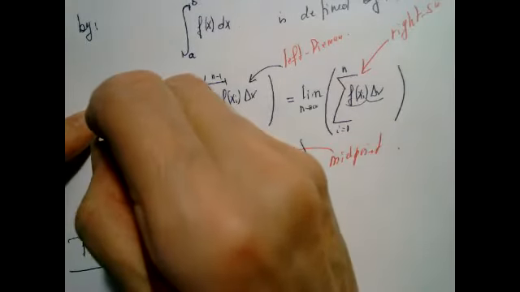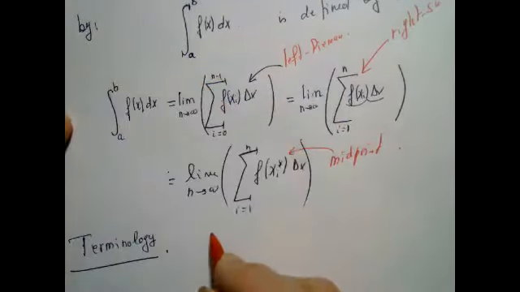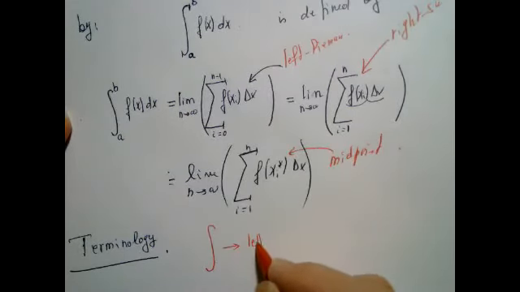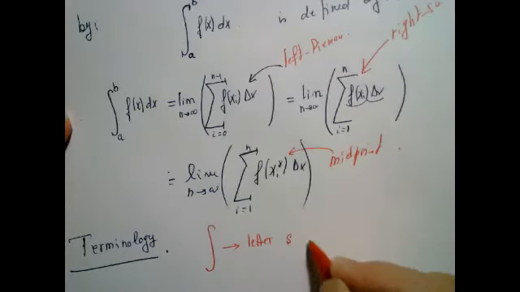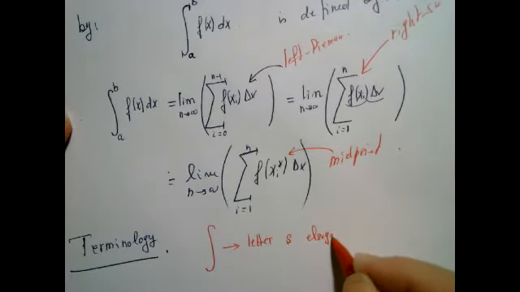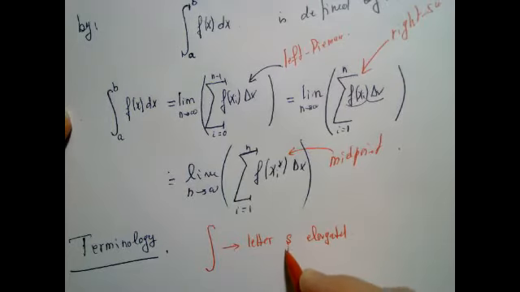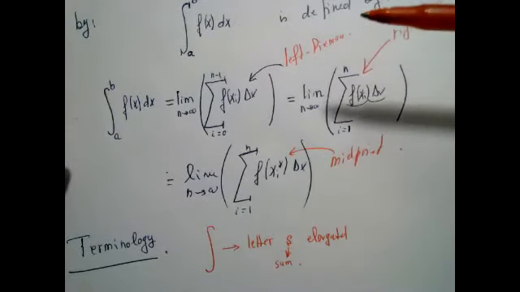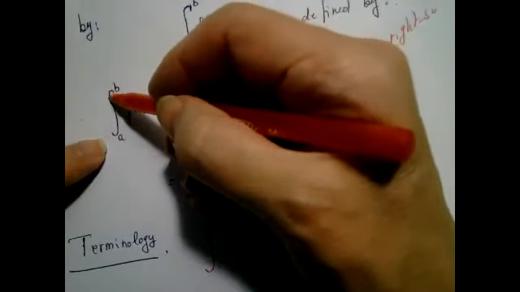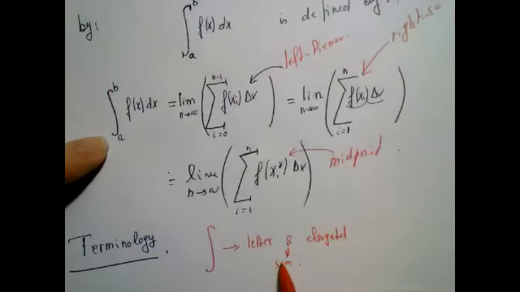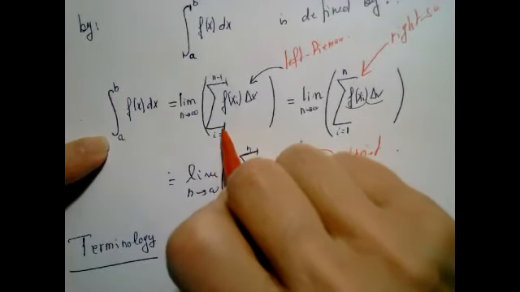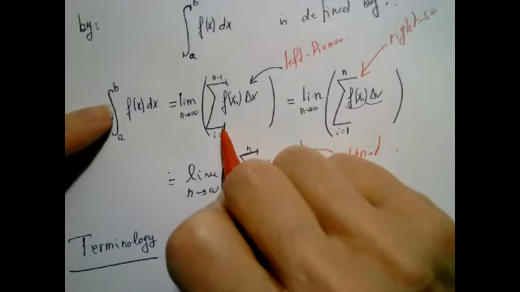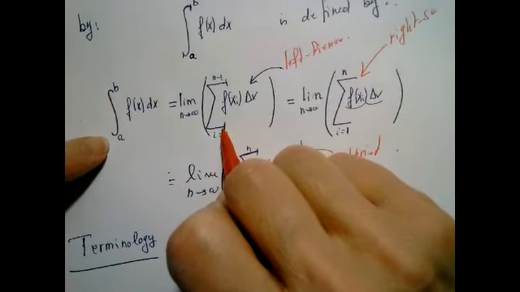This sign is the letter S elongated, if you want. What S represents is sum. S stands for sum. This sign represents that we are adding things. That's what it intuitively represents. It means we're adding. It's a sum.